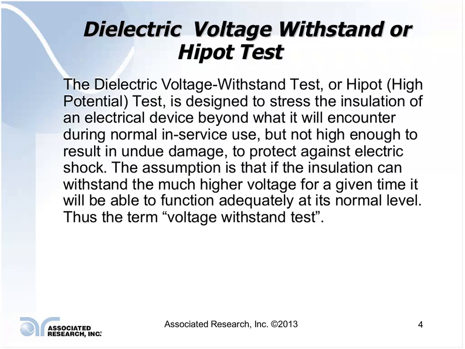One thing to keep in mind is why the test is actually done. We are putting a stress across the insulation, and how do we determine what potential we should apply during the test?